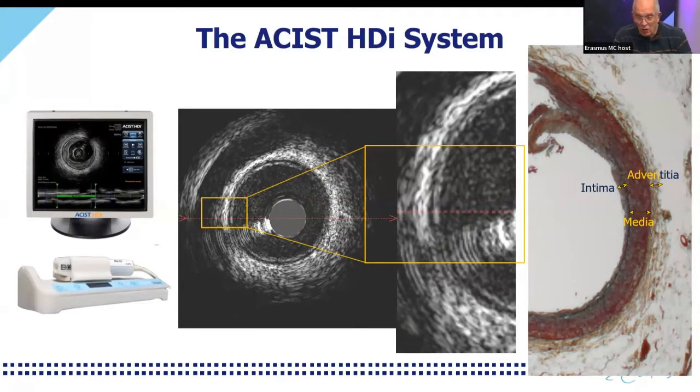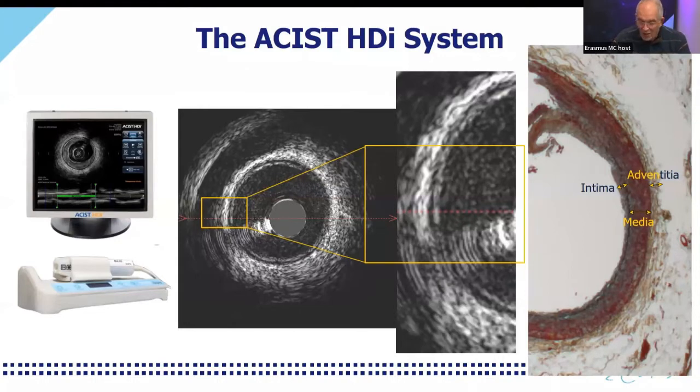As you know, our arteries have an intima, media, and adventitia, and that is exactly what we see in this high-frequency catheter, the three-layer appearance. We see the intima, the dark line in the middle of the media, and then a strong reflection of the adventitia. At the adventitia, we see the leading edge, while the back of the adventitia falls away in the background.